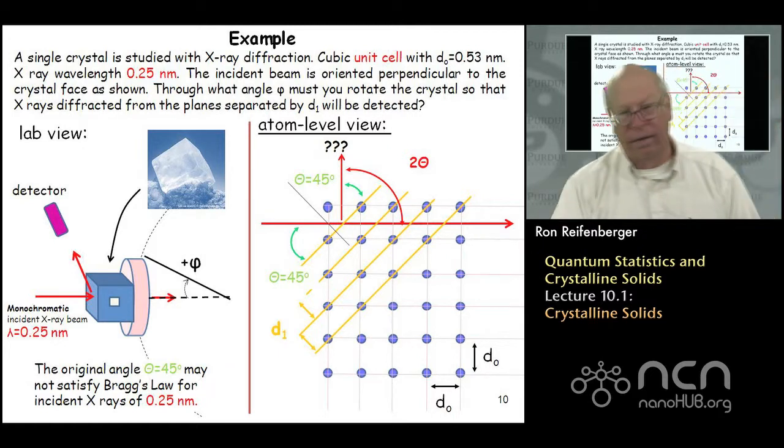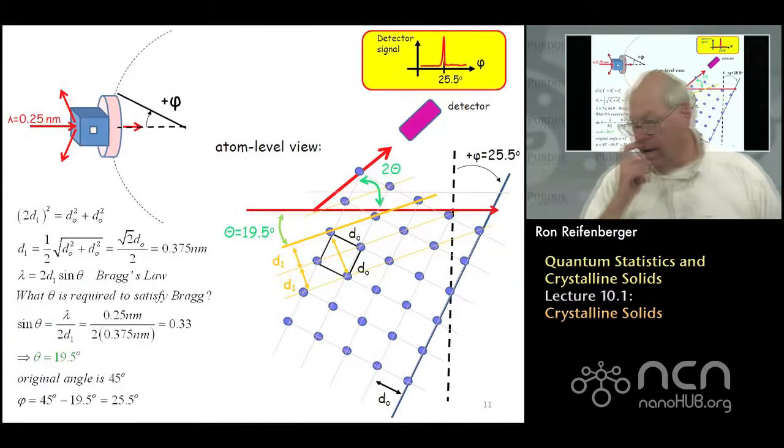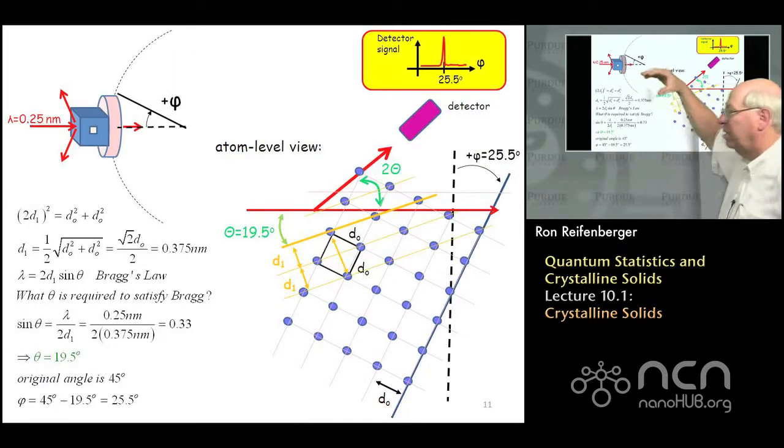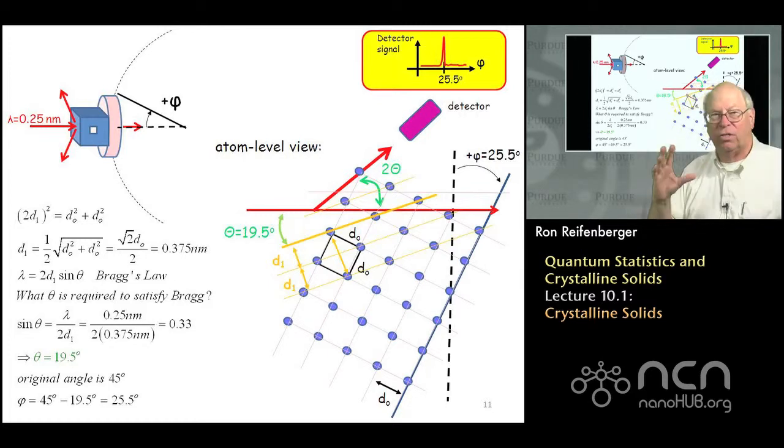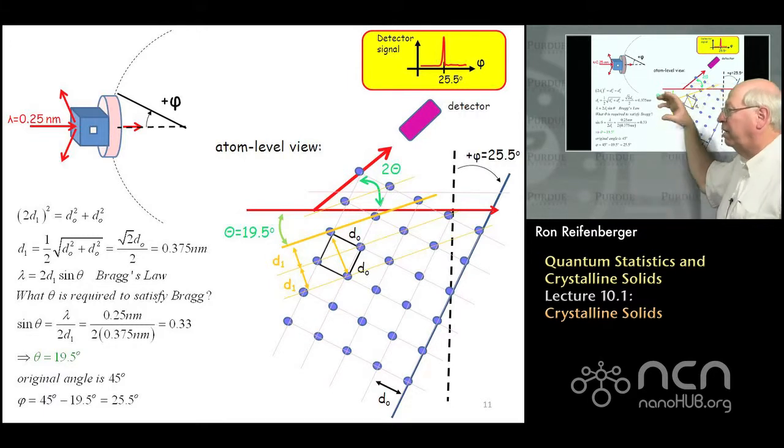So how do you make Bragg's law satisfied? Well, what you've got to do is tilt the crystal. You've got to start to rotate the crystal, and in the process you're rotating these crystallographic planes with respect to the incident X-ray beam, which is fixed. And eventually you're going to find an angle.